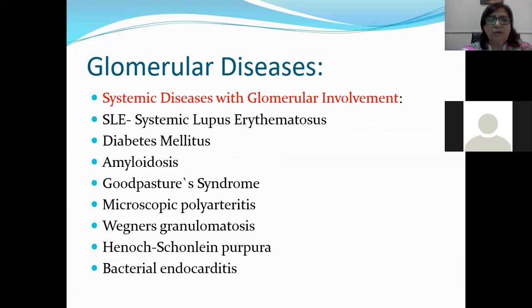Amyloidosis can affect the kidney. Goodpasture syndrome involves the lung as well as the glomerular basement membrane. Then microscopic polyangiitis, Wegener's granulomatosis, which you have already done in your CVS, Henoch-Schonlein purpura, and bacterial endocarditis can all lead to renal disease because of systemic involvement of the kidneys.